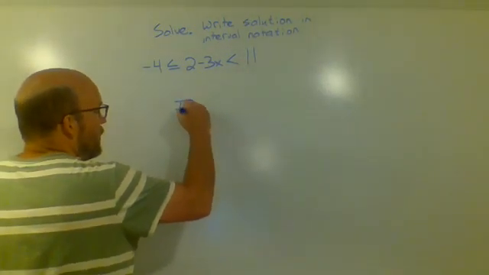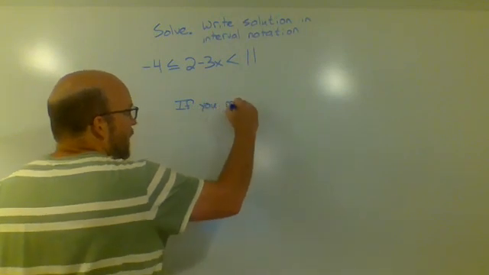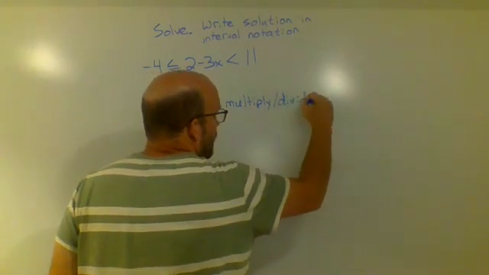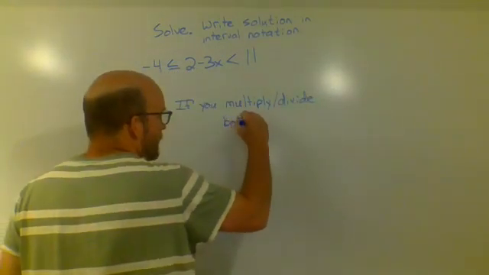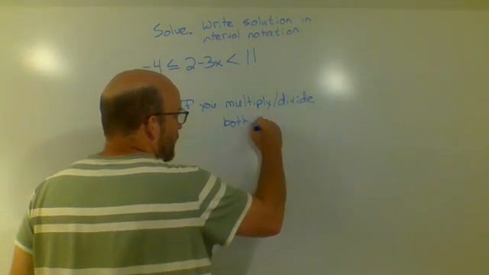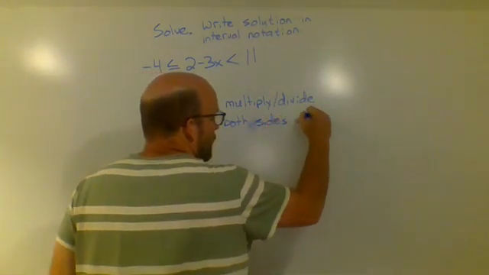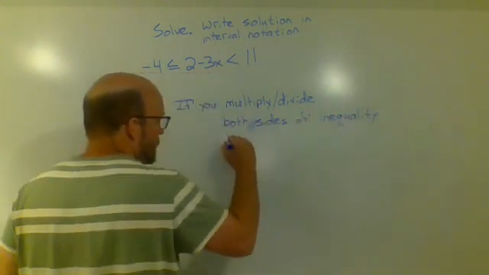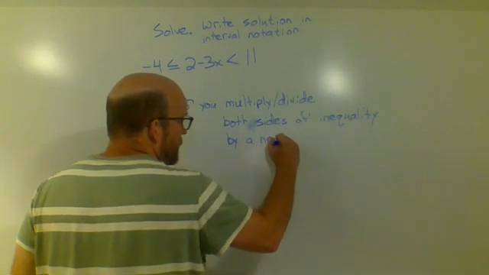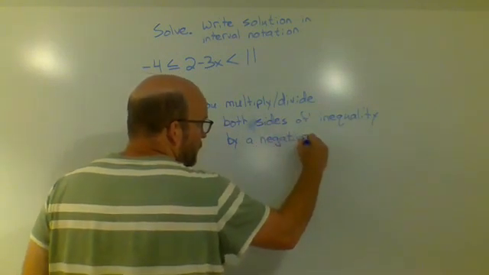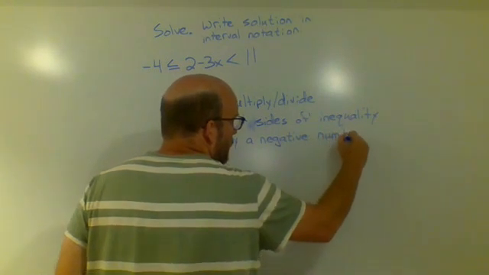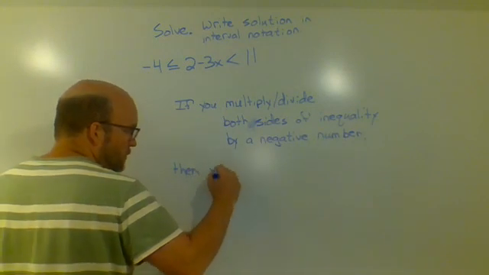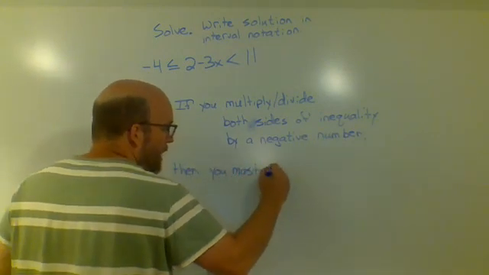If you either multiply or divide both sides of the inequality by a negative number, then you must also flip that inequality symbol around.